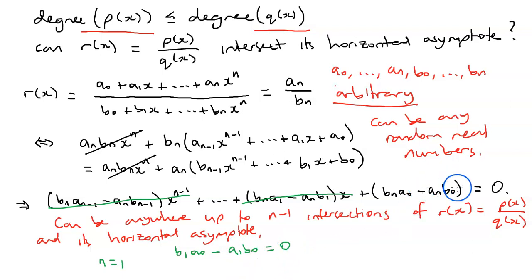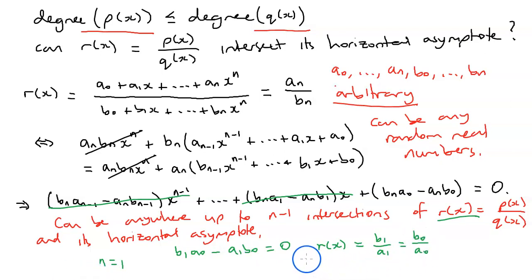And we found that that's true for all values of x, and in that case the rational function is just equal to the line. So in that case r of x was just equal to the asymptote itself, which is a1 divided by b1, and in this situation it would also be a0 divided by b0.